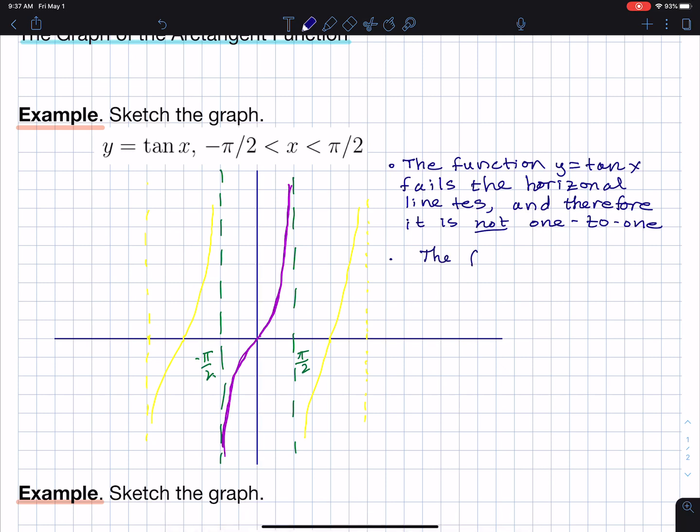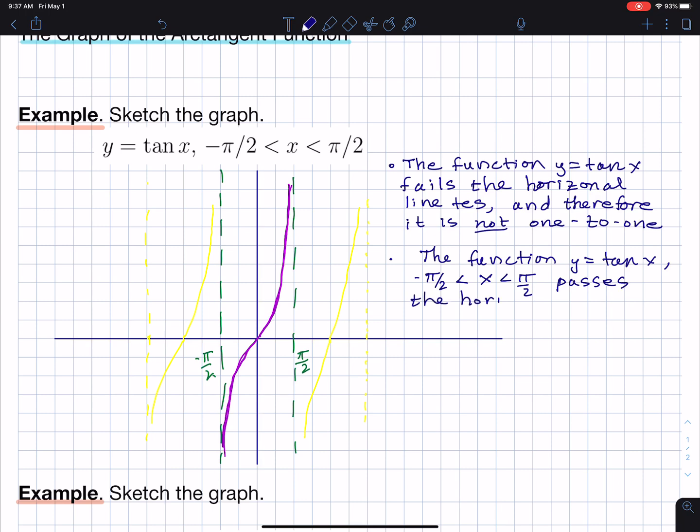The function y equals tan x, but this time with restricted domain between negative pi over 2 and pi over 2, passes the horizontal line test.